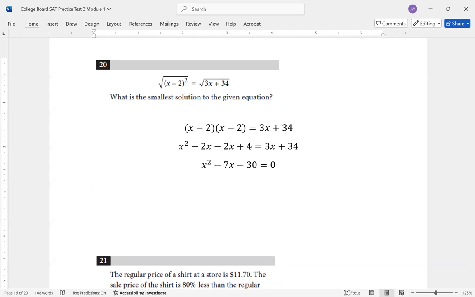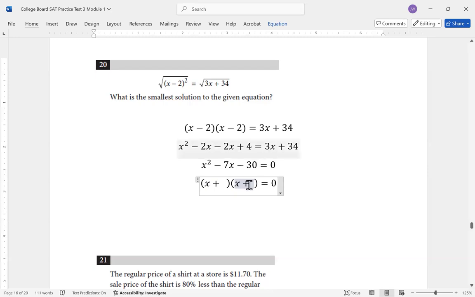Now I'm trying to solve this quadratic equation. Again, I'm going to do factoring. And if I want to factor x squared minus 7x minus 30, I need to do x plus some number times x plus some other number.